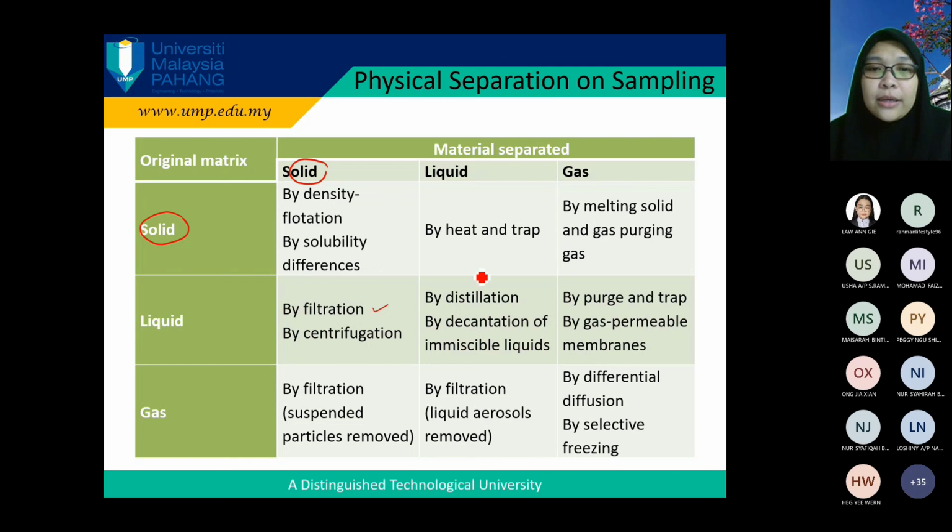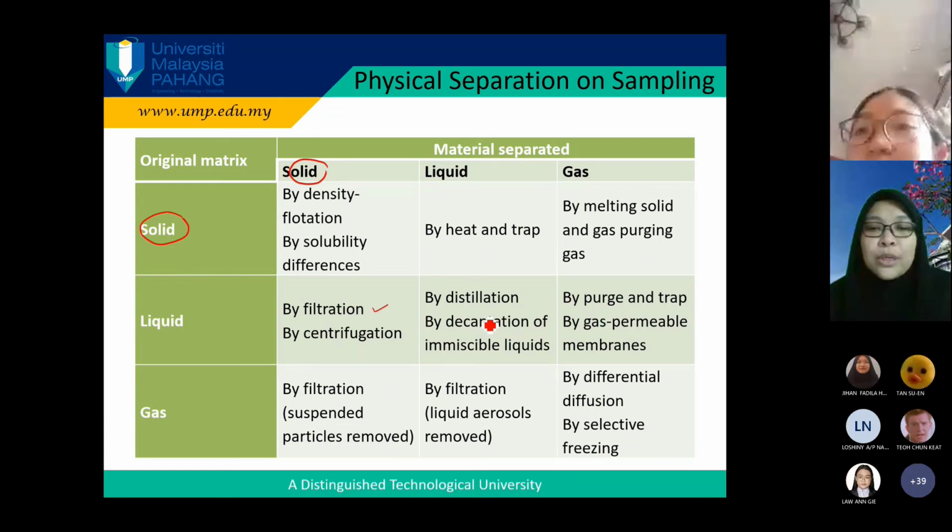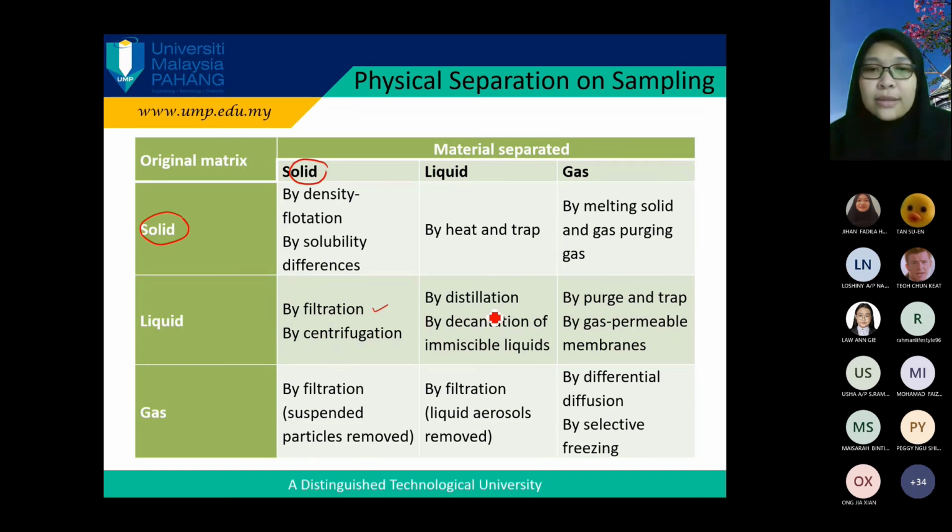Okay, liquid from liquid, you can use distillation method. Kalau you dah buat eksperimen organic chemistry, you use the liquid extraction, that is distillation, and we also have Soxhlet extraction, that one also uses the distillation method. Gas from liquid by purging and trapping or using gas permeable membranes.